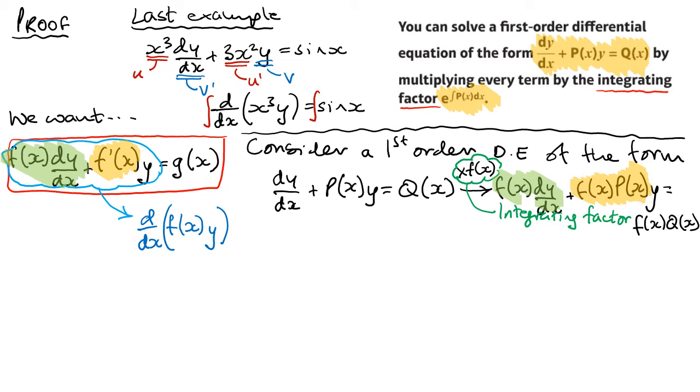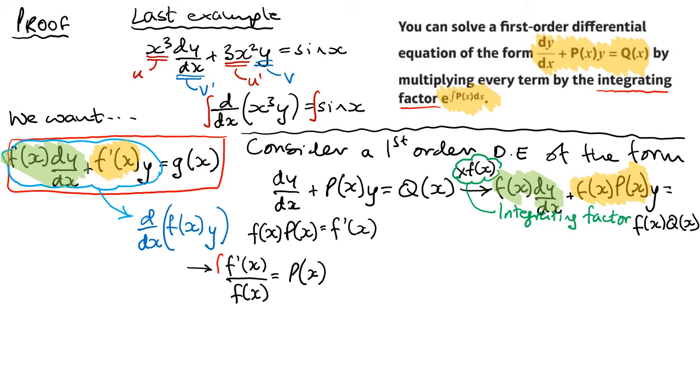So we can now write down that really I want f of x times p of x to equal f dash of x. And we want to find f of x. So the first thing that I would do is divide both sides by f of x, and I'll get f dash of x over f of x equals p of x. Then I'm going to integrate both sides with respect to x.